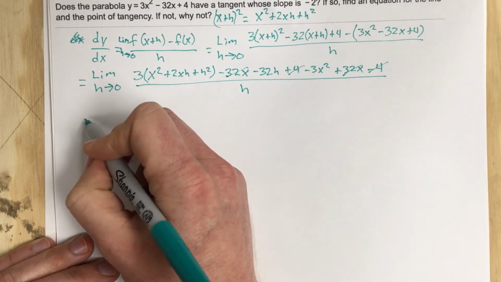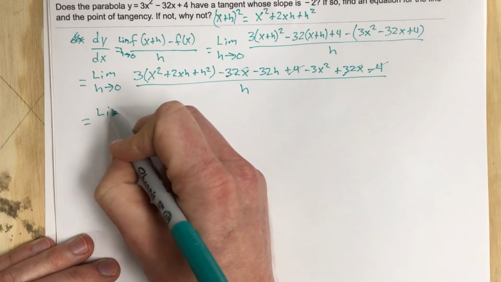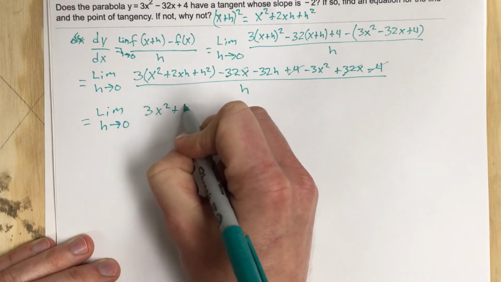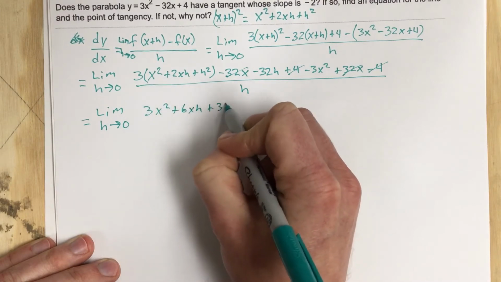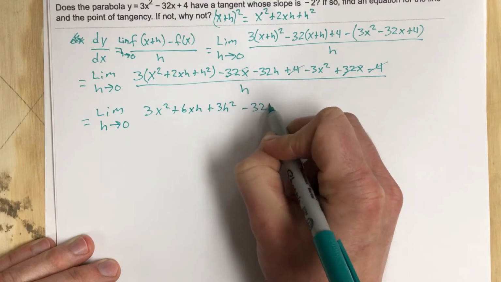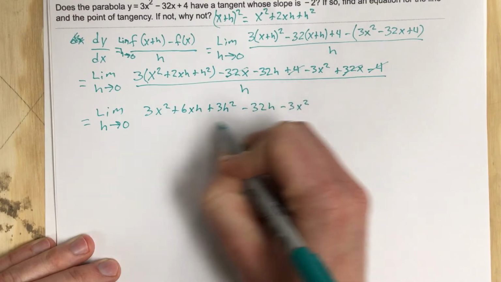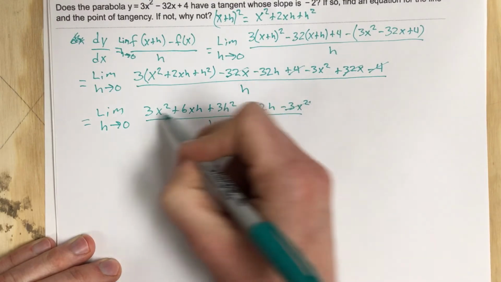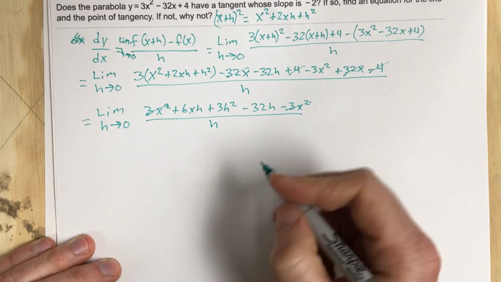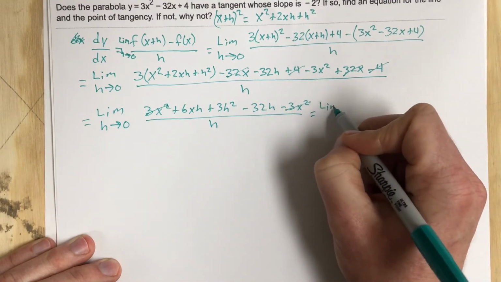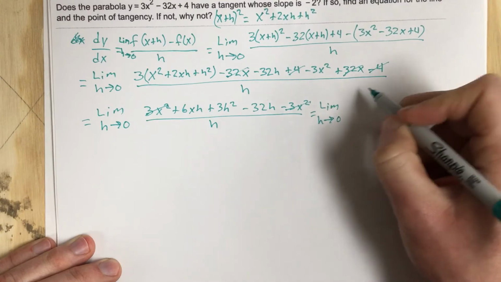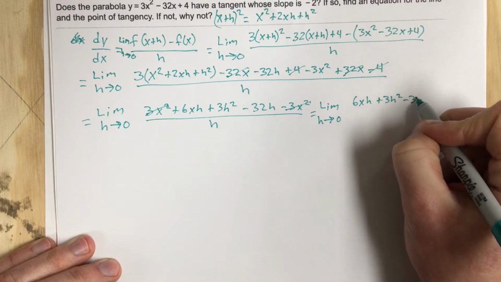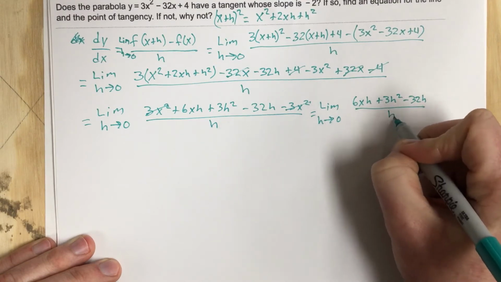So I end up with the limit as h approaches 0 of 3x squared plus 6xh plus 3h squared minus 32h minus 3x squared all over h. 3x squared and negative 3x squared cancel, so we end up with the limit as h approaches 0 of 6xh plus 3h squared minus 32h all over h.